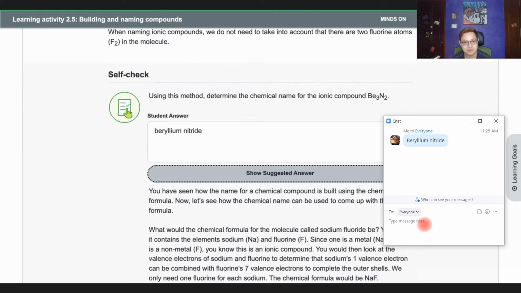We've seen the names of chemical compounds built using the chemical formula. Now let's see how the chemical name can be used to come up with the formula. What would the chemical formula for the compound called sodium fluoride be?